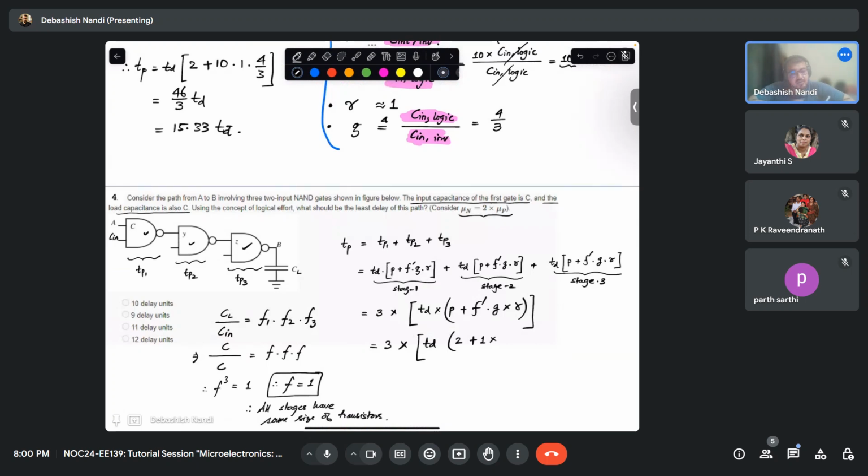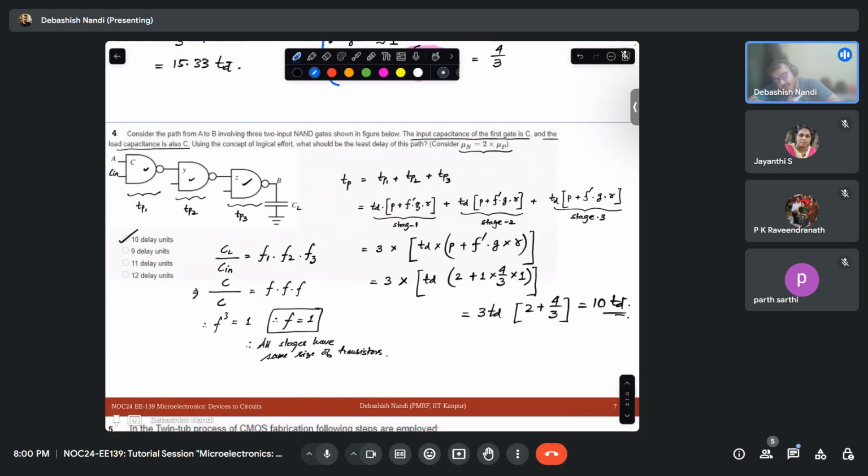G is the logical effort we found out, right? 4 by 3. And gamma is 1. So if you compute this, this will be 3 times TD, and it is 2 plus 4 over 3. So that will be 10 TD. Okay. So 10 delay units. This will be the solution.